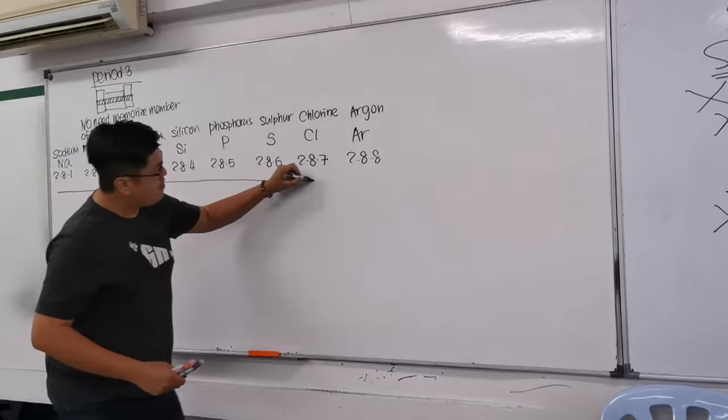What is it, everyone? Imagine going across the period from the left to the right hand side. When you move across the period, you got more and more protons. So the number of protons increases. You have more and more protons in the nucleus.